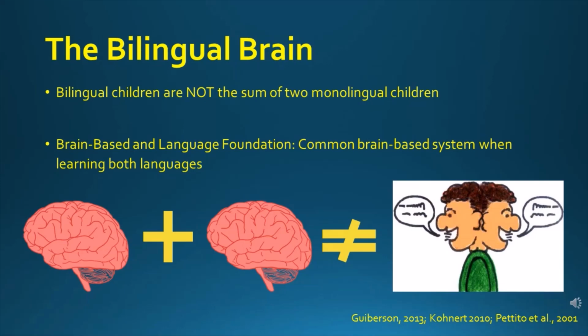Our next two slides will talk about the bilingual learner's brain. Bilingual children are not the sum of two monolingual children. Rather, research has shown that bilingual children have a common brain-based system when learning two languages. This common brain-based system is the child's language foundation. The child's language foundation includes the two languages they grew up with.